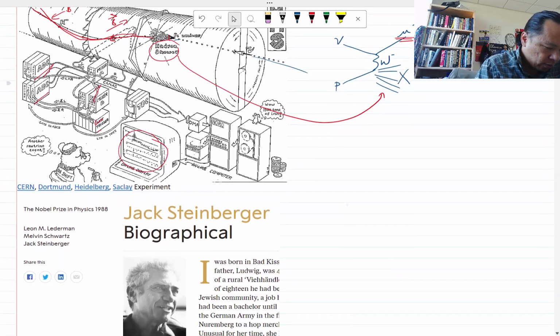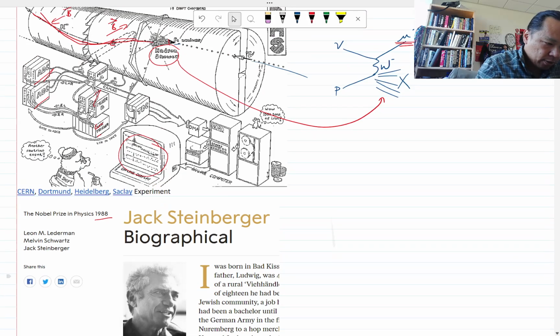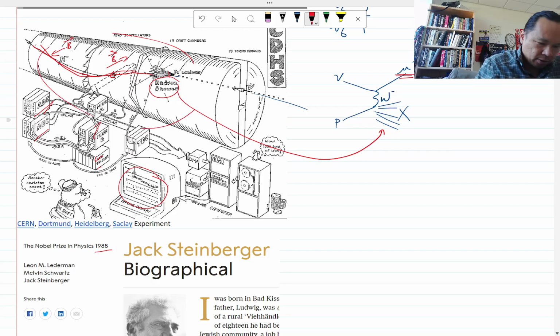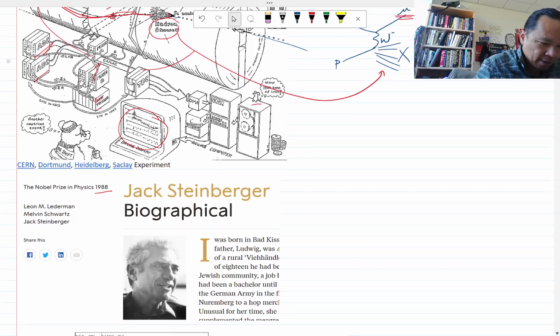And this won the Nobel Prize for Jack Steinberger, Leon Lederman and Melvin Schwartz in 1988 for basically the first actual measurements of a muon neutrino. Coming out of this picture, this detector here, there's a little mouse here also, I didn't even realize that. It's about 1,500 tons of iron.